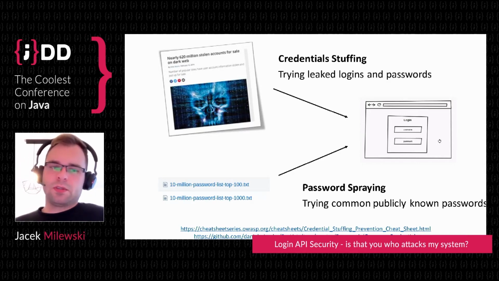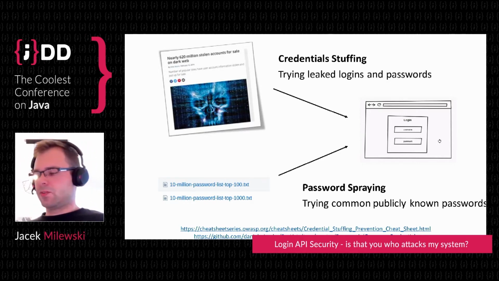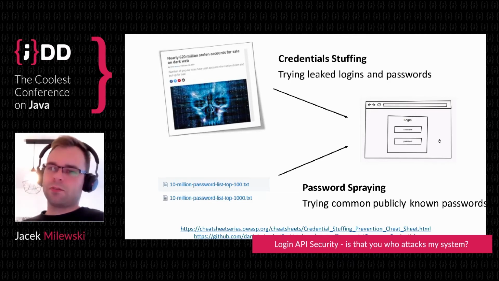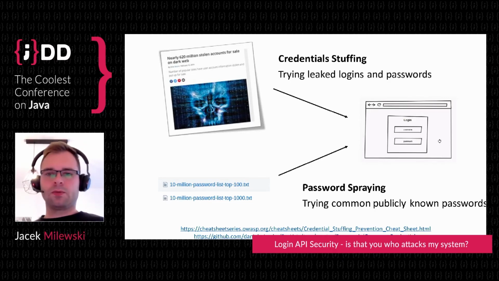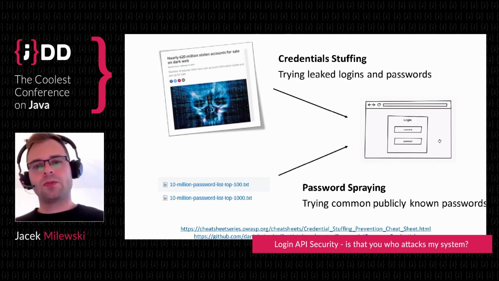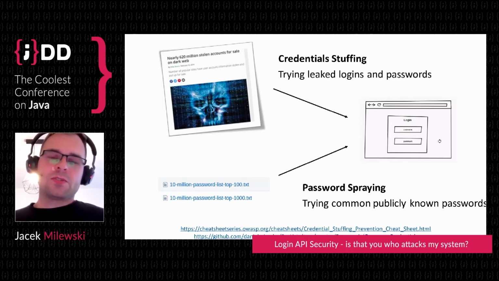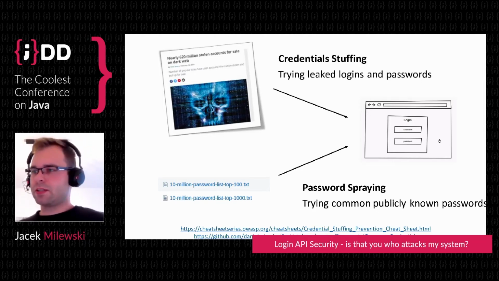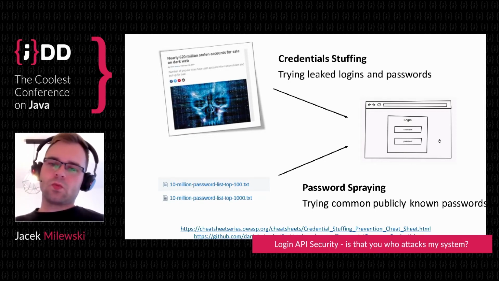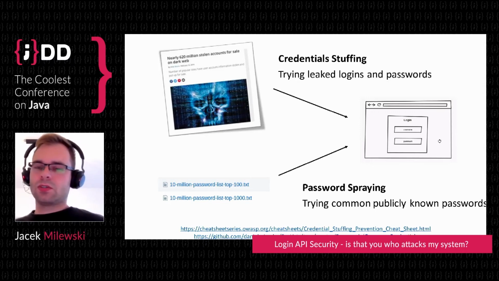So if he chooses to try the top 5 passwords, then we have 5 login attempts per account. On the other hand, if he's using credential stuffing, he has one database that he bought, so he has 1 attempt per account. From the system that's being attacked, it's difficult to differentiate which kind of attack is being used. However, in most cases, it's credential stuffing.